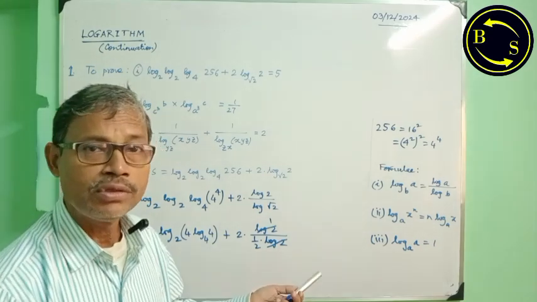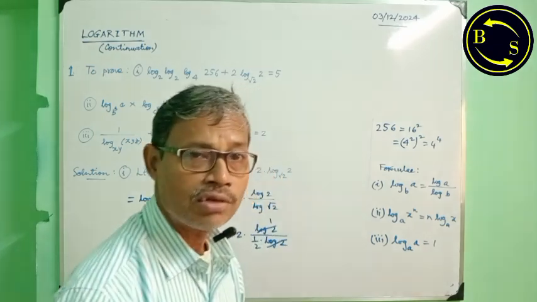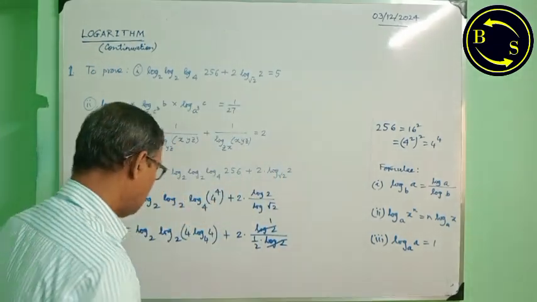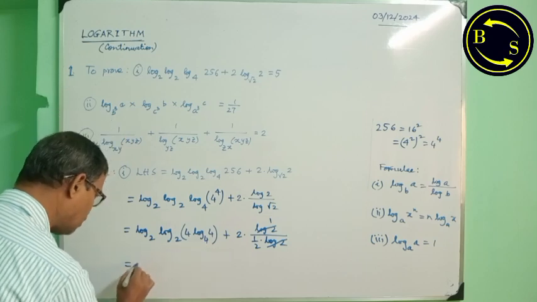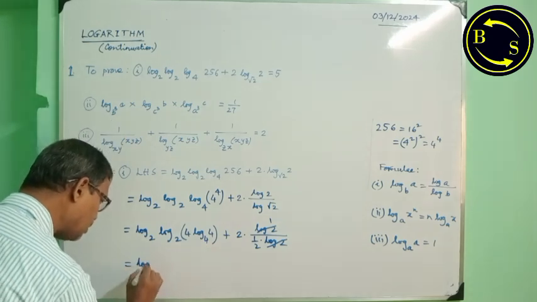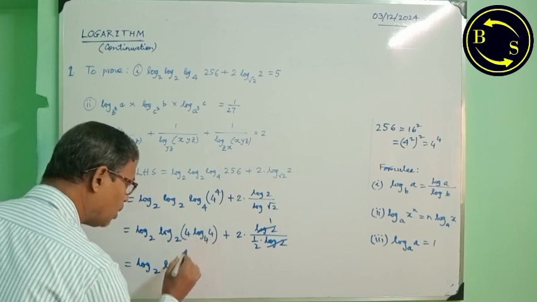Already we have proved. And one thing you must remember, these results. Therefore, log 4 to the base 4 will be 1. Finally, we get here 4 into 1, that is 4.